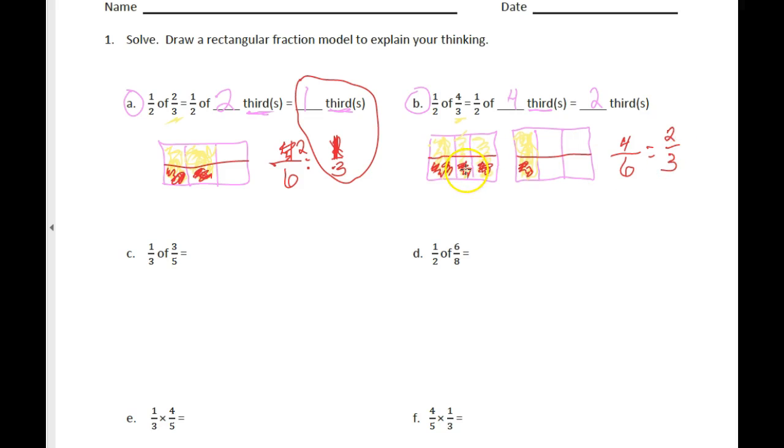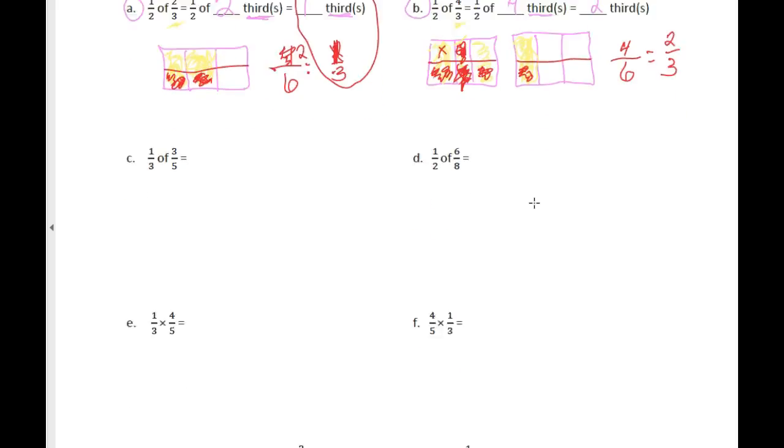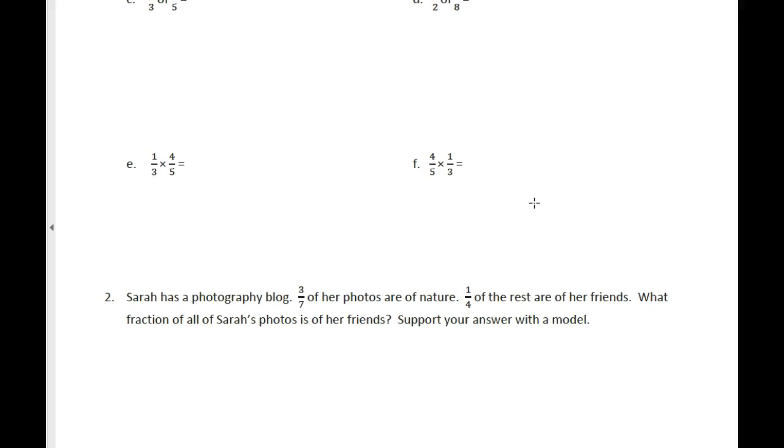So if we were going to rearrange these, let's move this one. That one's going to go here. This one's going to go here. So 2/3. So these ones are all filled up now, 2/3. So it matches.